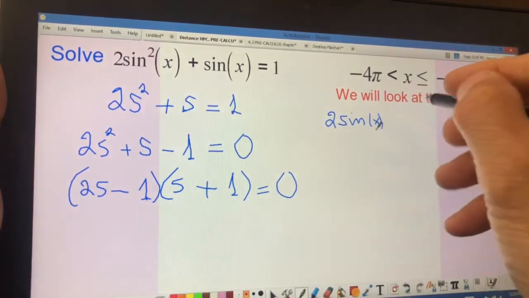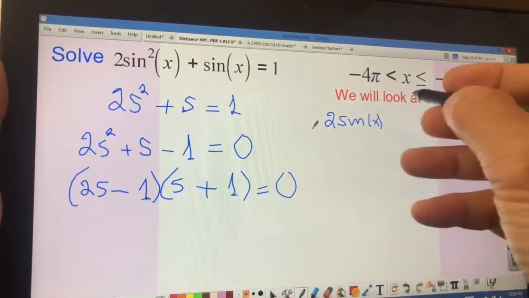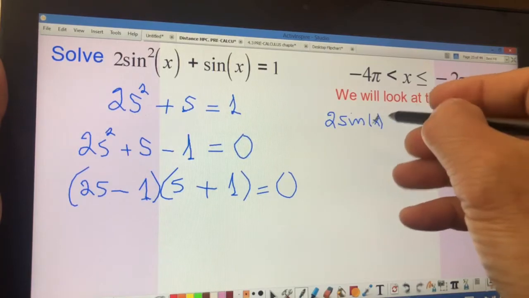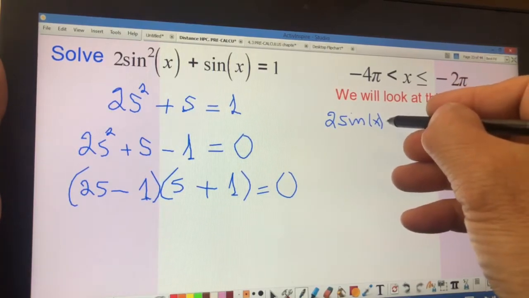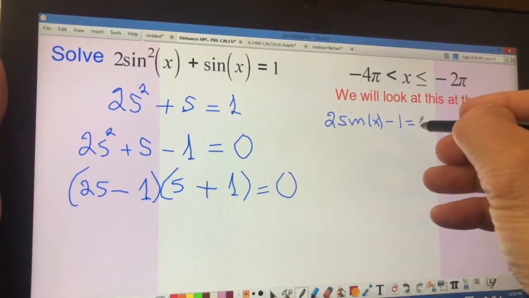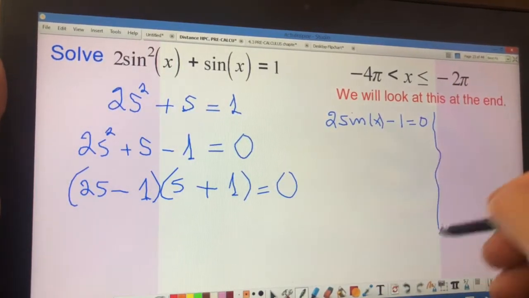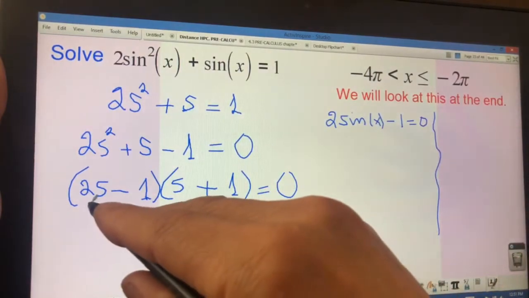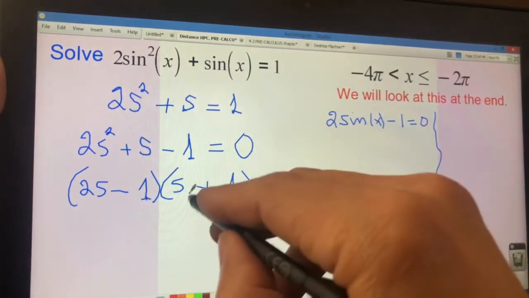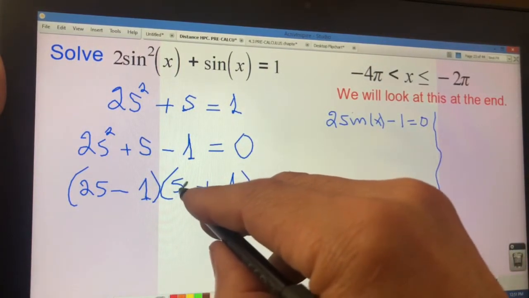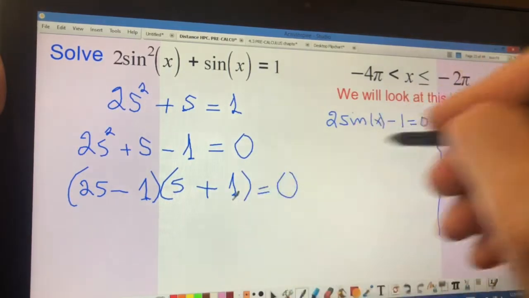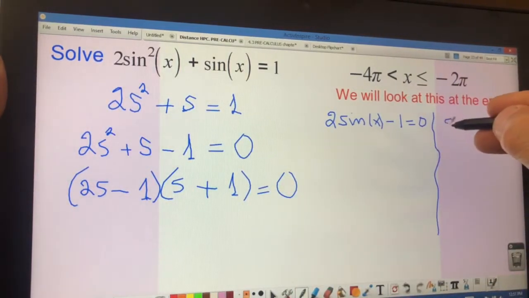Now I traded out the letter s for sine x. So solve that part, and then I have another one to solve. Each one of my parentheses, 2 sine minus 1, has to be solved by itself, and sine plus 1 has to be solved by itself.